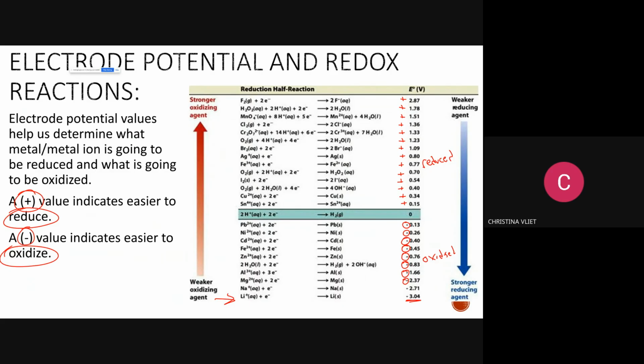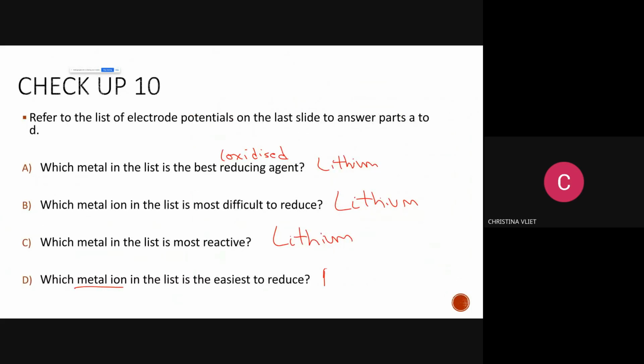If we said it was within an electrolyte, it's actually the permanganate, right? MnO4 minus is the easiest to reduce. But isn't that another compound on a metal? Right. So if we went with pure metal, which was the answer that I had, the pure metal silver is the easiest to reduce, right? Because it said metal ion, didn't say polyatomic ion. That's lithium. Silver. I'm going to write Ag, but silver is the easiest to reduce.